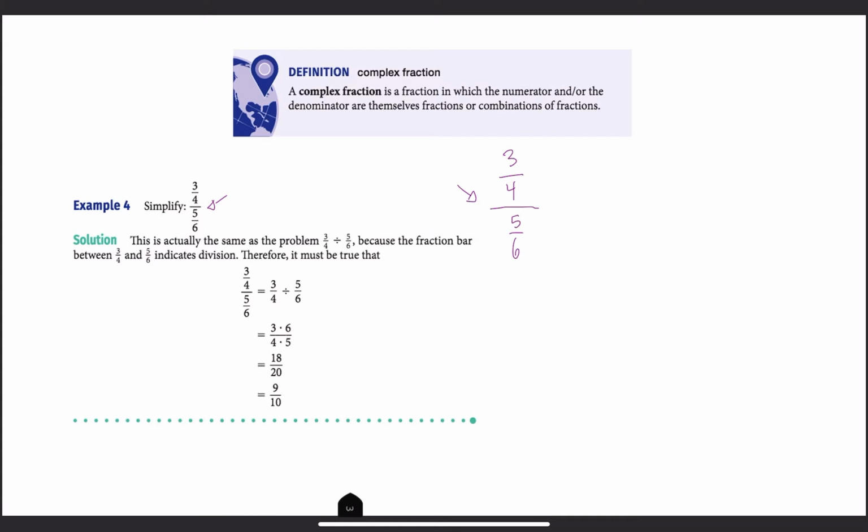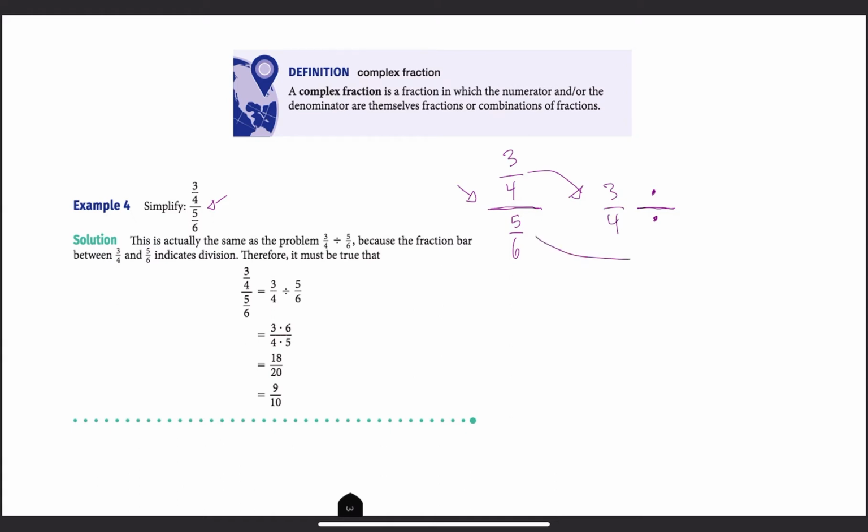And so really the way you want to think about this: this is the division symbol, right, where this is a fraction bar, and these little dots are placeholders for numerator and denominator. What's our numerator? 3/4.